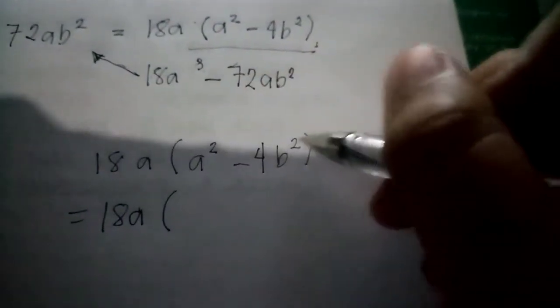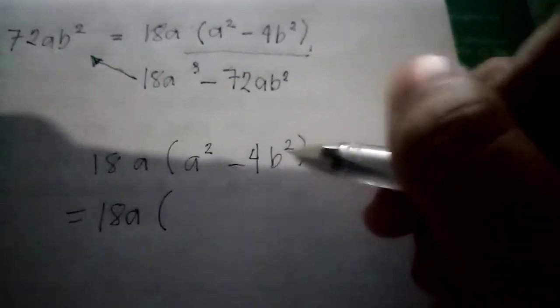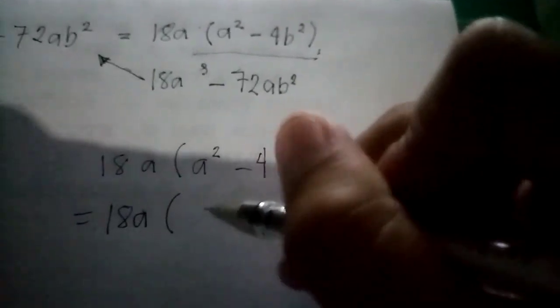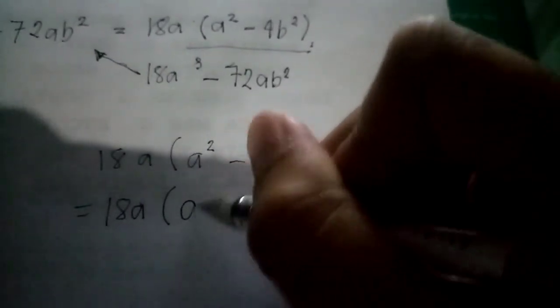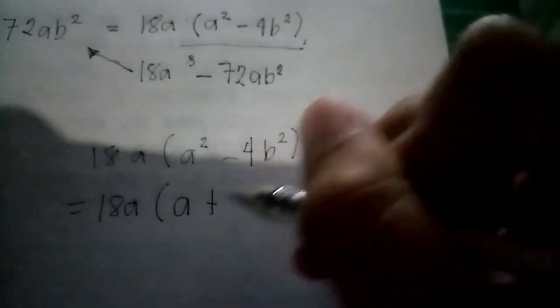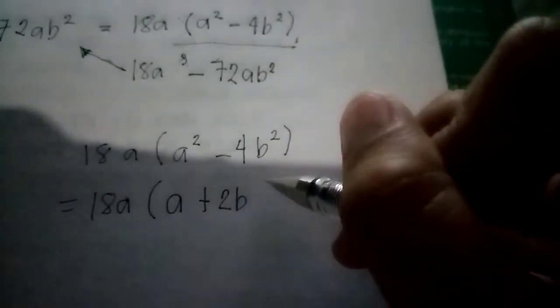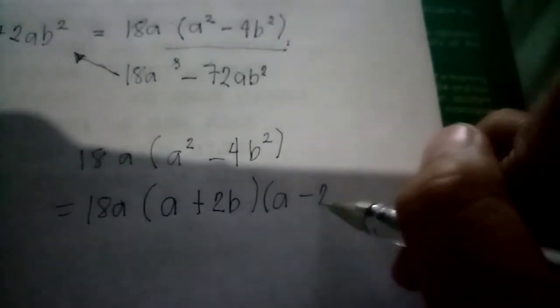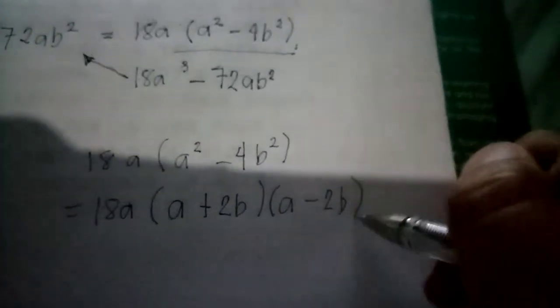Since this is squared and squared, parehas silang squared, pwede pa po silang ma-factor. Ang factor nila ay a plus 2b, then a minus 2b. Bakit or paano naging factor ang a plus 2b times the quantity of a minus 2b?